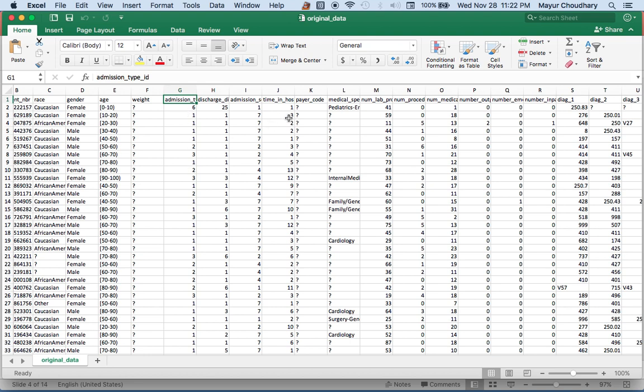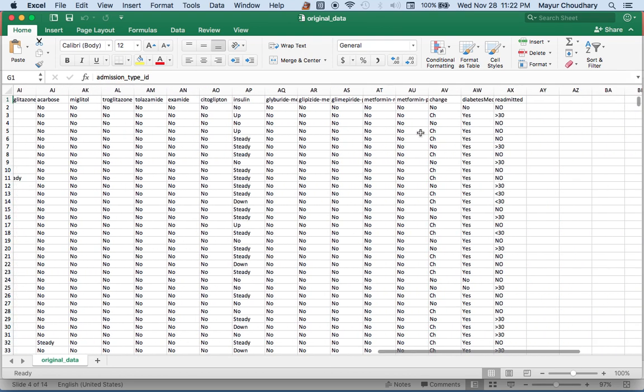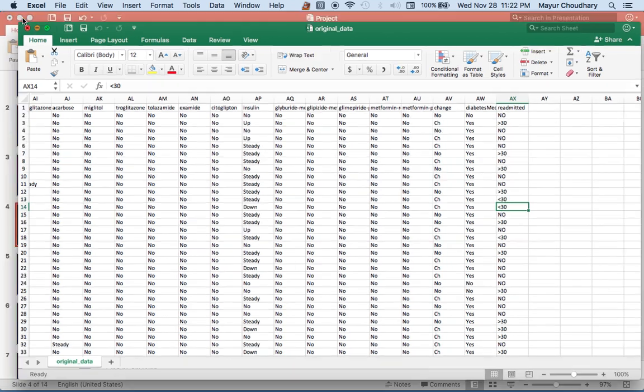Then finally the diagnosis, the medications, and finally the target variable, which had three values. First, the patient will not be readmitted. Yes, the patient will be readmitted in greater than 30 days. Yes, the patient will be readmitted in less than 30 days.